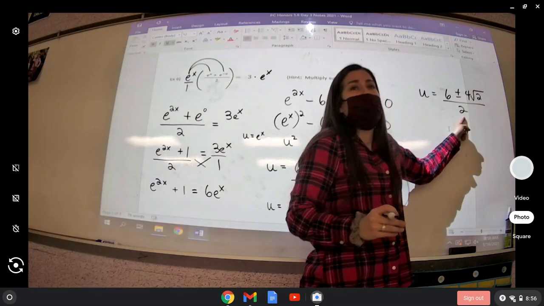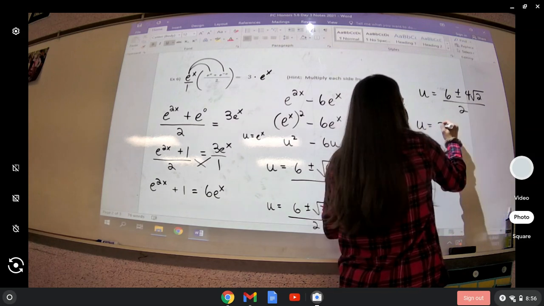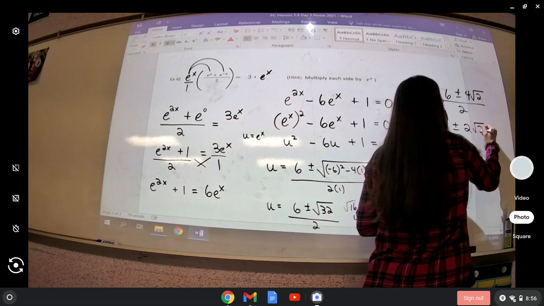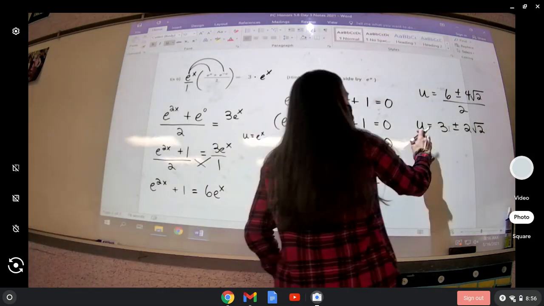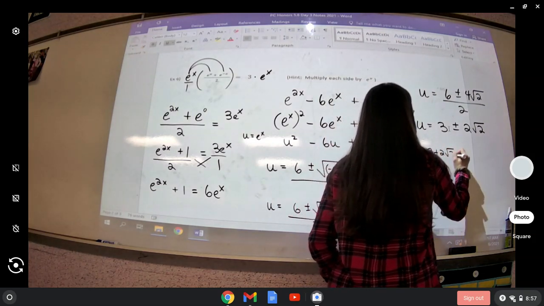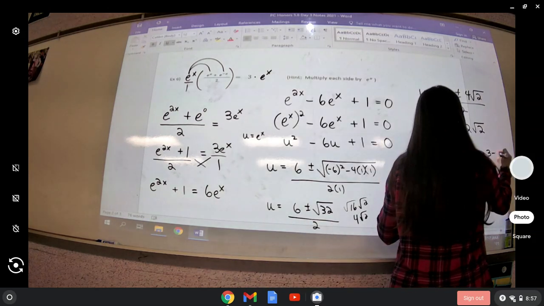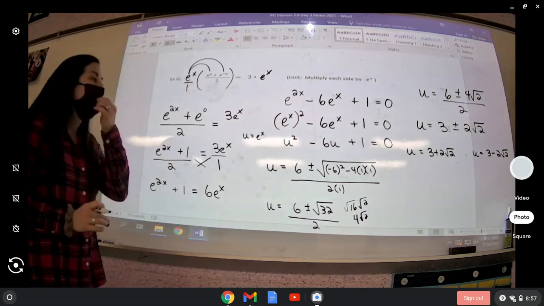Now, everything on top divides by 2, so keep simplifying. u will equal 6 divided by 2 is 3, plus or minus 4 divided by 2 is 2 root 2. So guys, our two answers: one of them is when u is equal to 3 plus 2 root 2, and the other answer is when u is equal to 3 minus 2 root 2. I'm just splitting those into two separate answers.